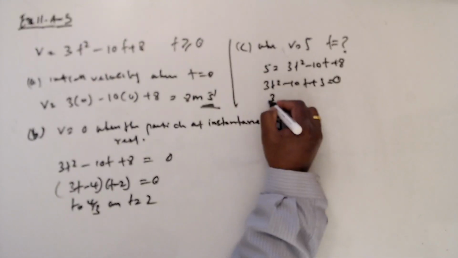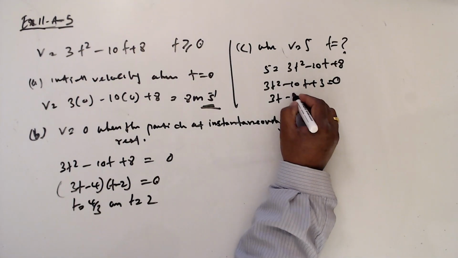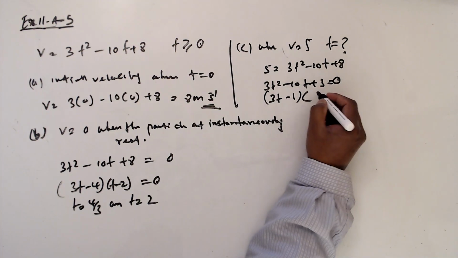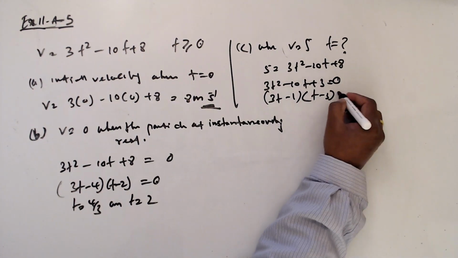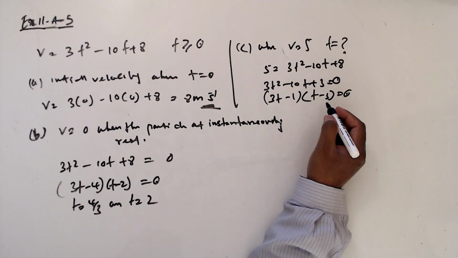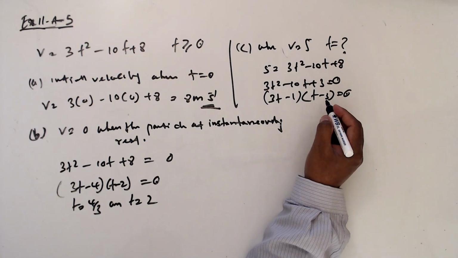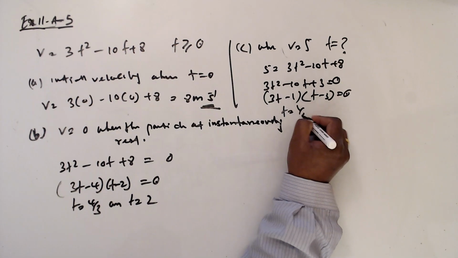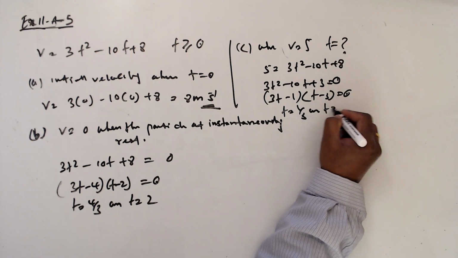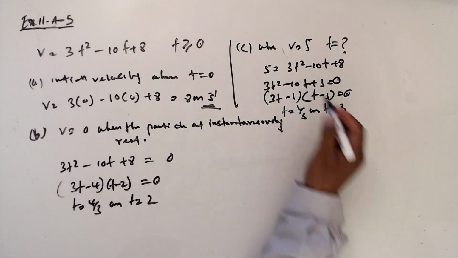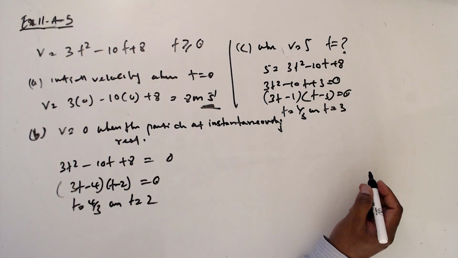So this is going to be (3t minus 1)(t minus 3) equals 0. So t equals 1/3 or t equals 3. So that is when v equals 5.